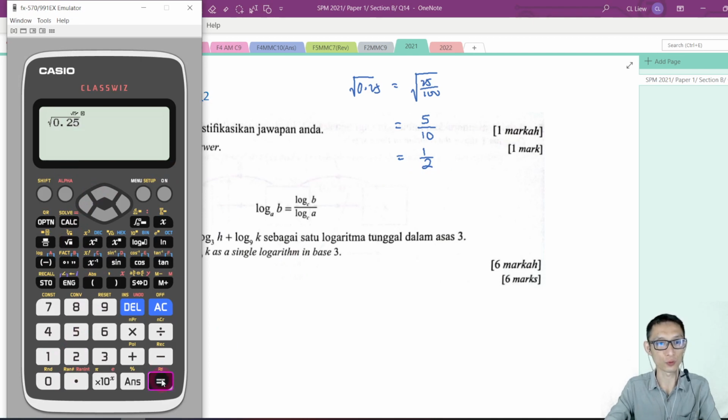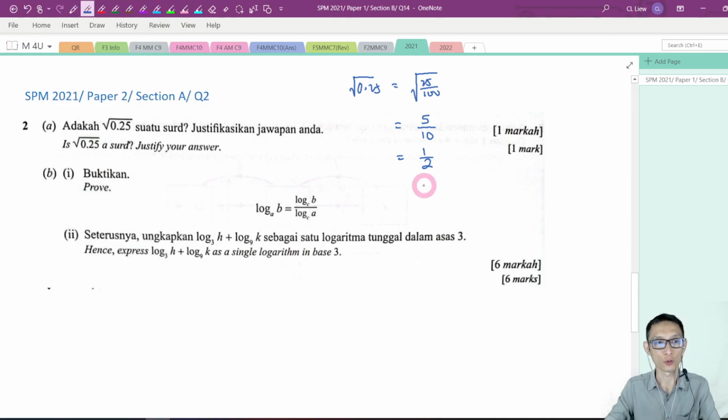Square root of 0.25, you get 1 over 2. So from here, we know that square root of 0.25 is not a surd, because it is a rational number.